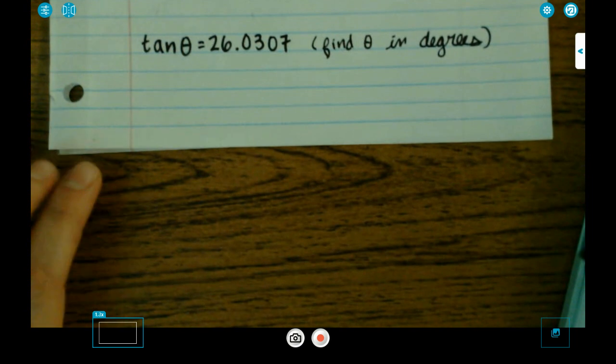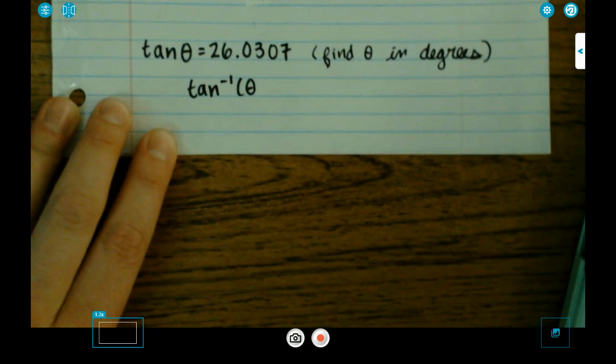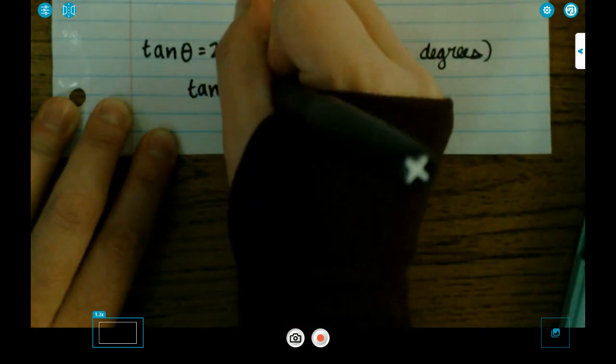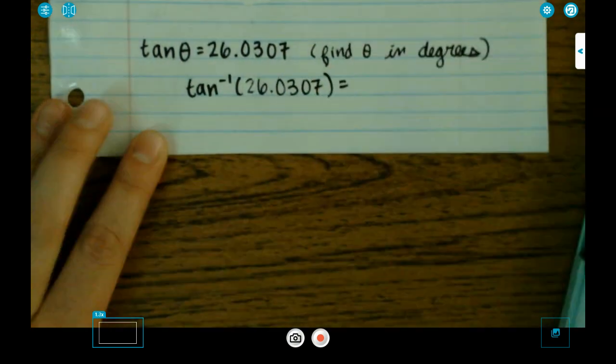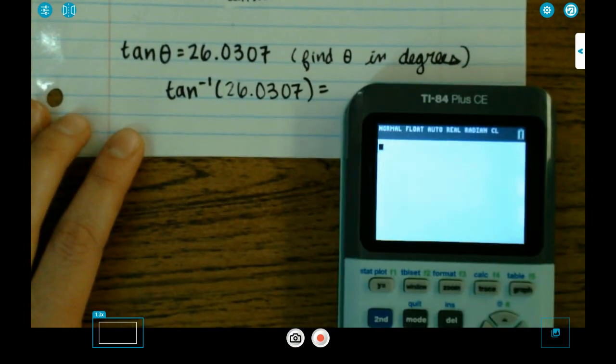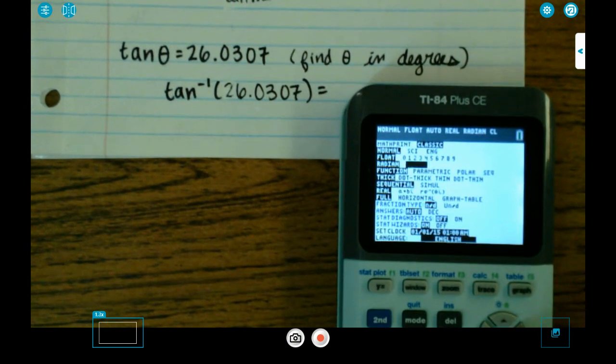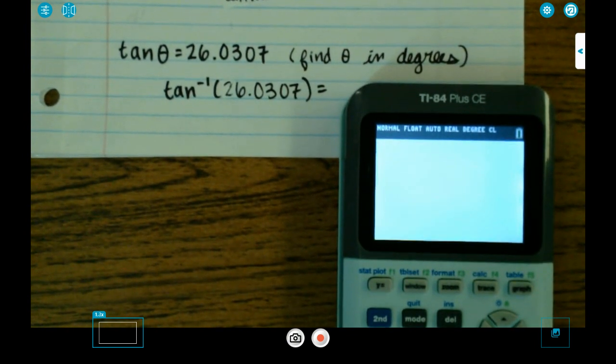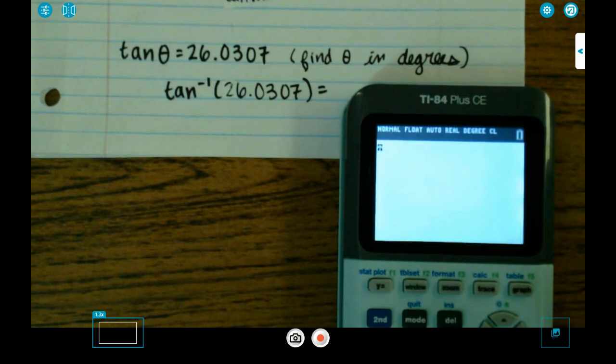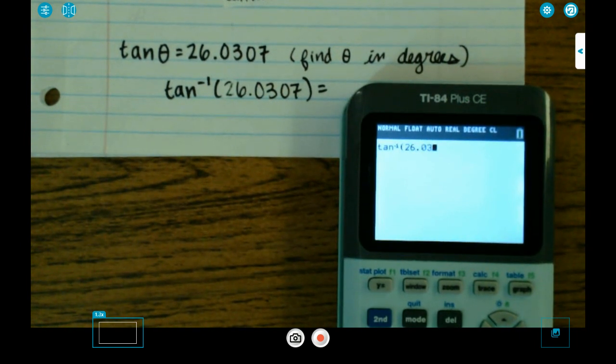So what we're going to type in our calculator is tangent to the -1 of 26.0307. And we need to make sure that our calculator is in degrees. So we'll go to mode, degrees, and we will type in second tangent, because that's tangent inverse, of 26.0307.